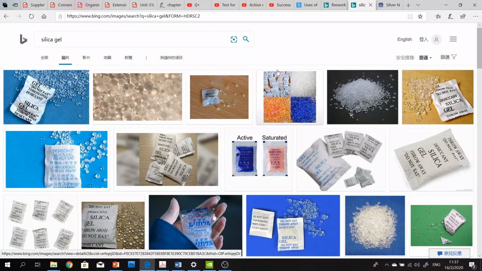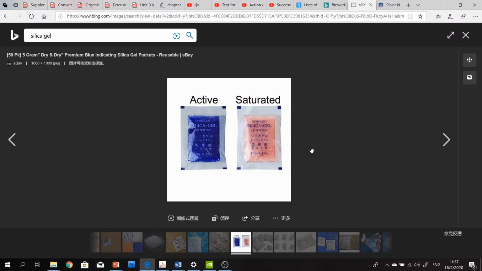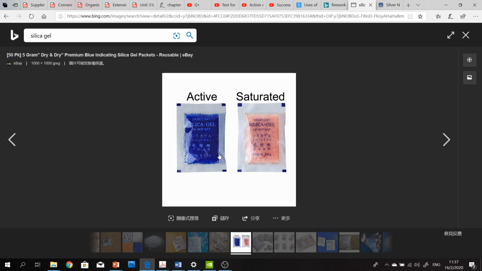It's a drying agent, which helps absorb water vapor in the air. For those people who have a camera or some other materials, you have to keep them dry. You may use this one. You may use that bracket, right? The pink bracket or the blue bracket. Of course, you use the blue one, because the blue one will start to absorb water vapor. But the pink one, sorry, has already been used.